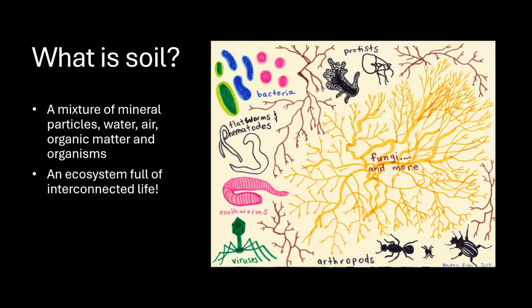And it is a collection of stuff, but increasingly we are moving towards thinking of soil as an ecosystem, as a space that contains many different types of microhabitats and thousands of different types of soil bacteria, fungi, protists, insects, worms, nematodes, and more. And that's the perspective that I want to emphasize today.